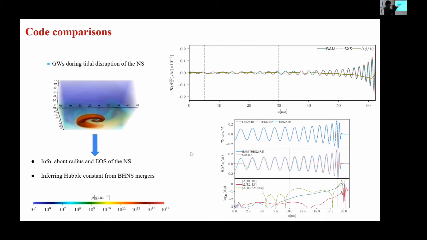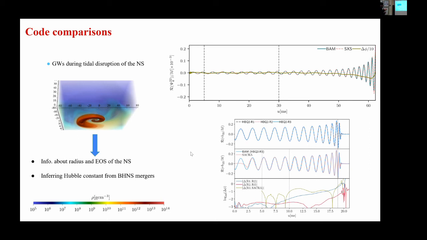Importantly, what we want to do is capture the final phase of this merger very accurately. The reason is that at that point, the neutron star is being tidally disrupted if it is a disrupting system. This part of the waveform is going to capture the signature of the tidal disruption from such an event.